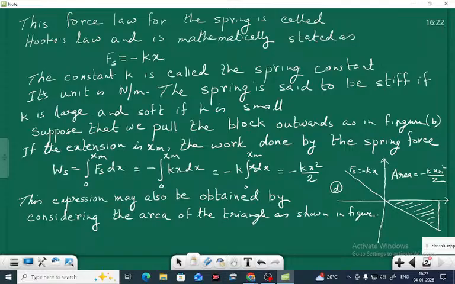Note that the work done by the external pulling force F is positive since it overcomes the spring force.